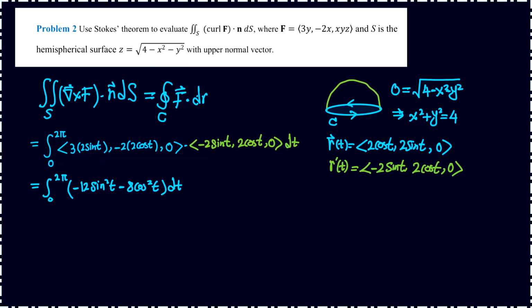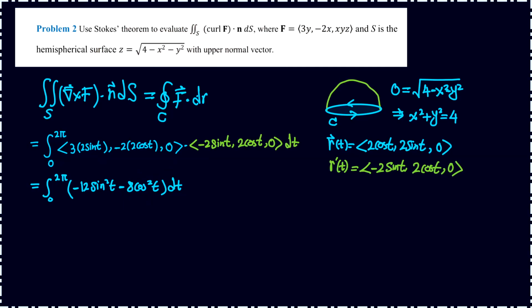Well, let's see what we could do. You can use the power reduction identity on both of these if you want. That would not be a problem. Or you can attempt by expressing sine squared t in terms of cosine squared t, so you only have cosine squared t that appears in the integrand.